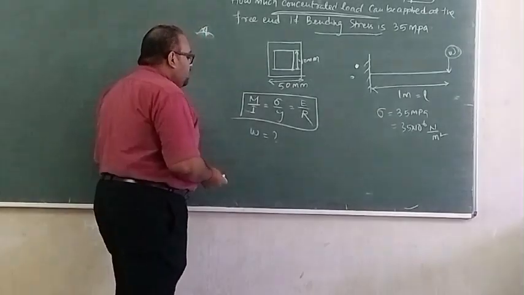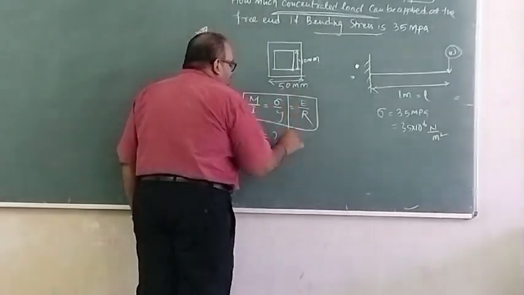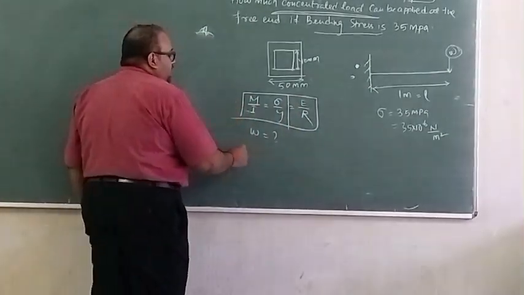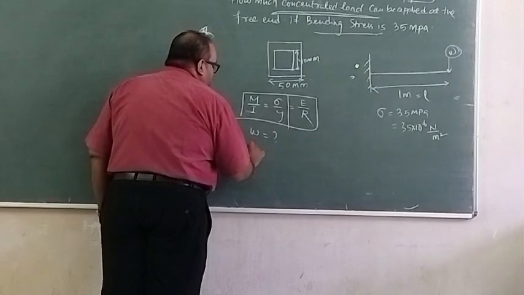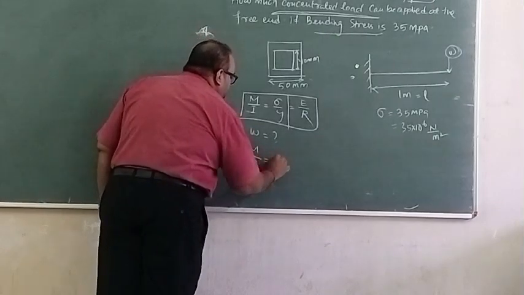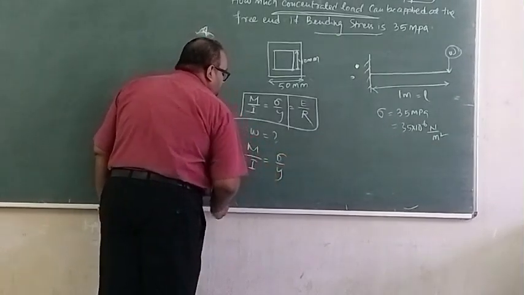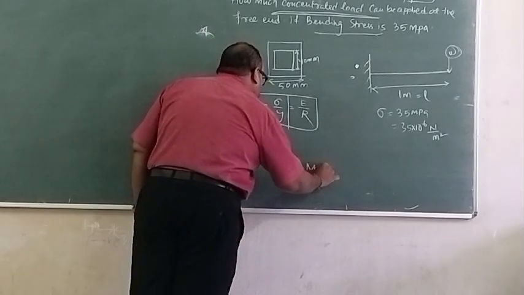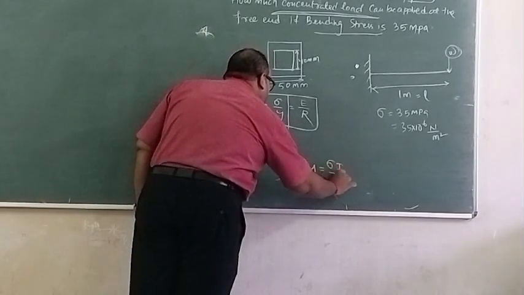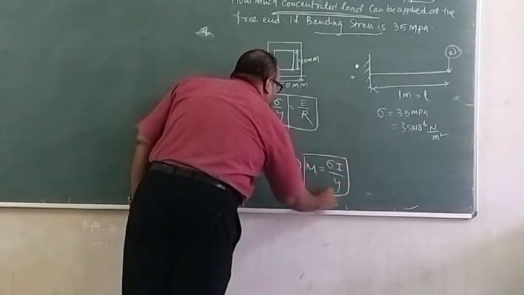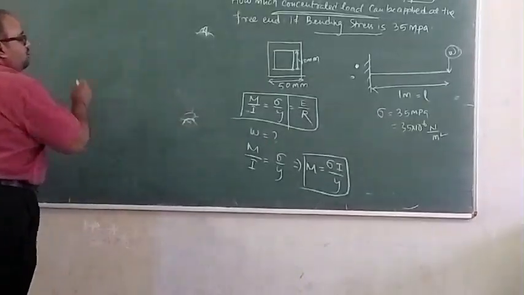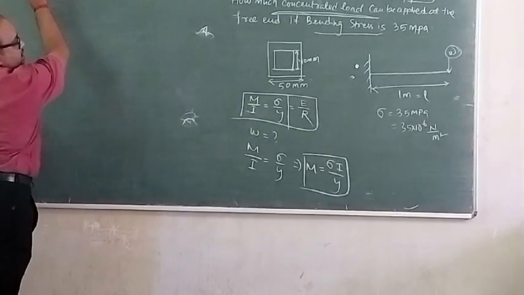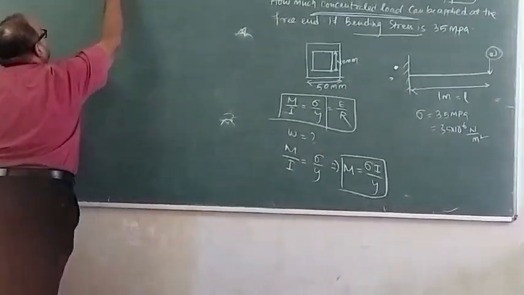So we can find this from the first part of the equation, M divided by I equals stress divided by y. From this we can write M equals stress times I divided by y. Putting in the stress value, 35 multiplied by 10 to the power 6.